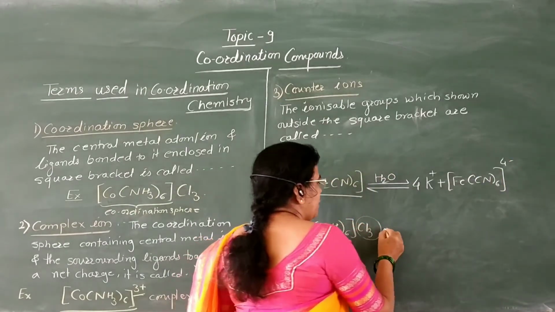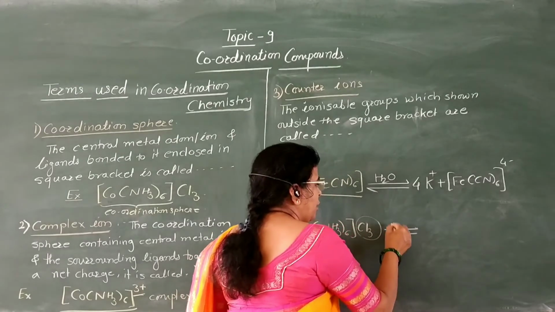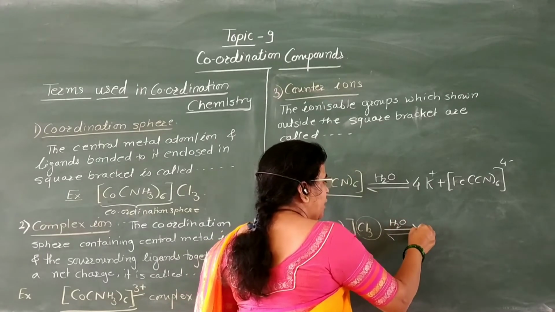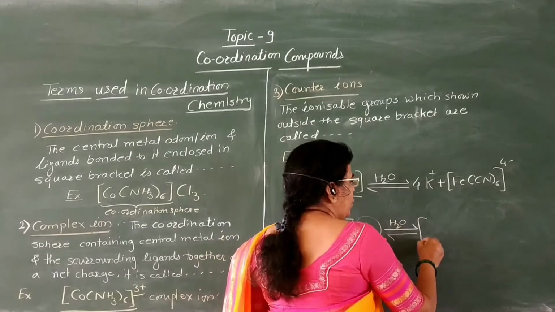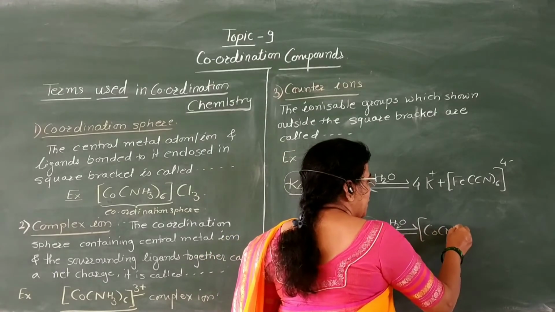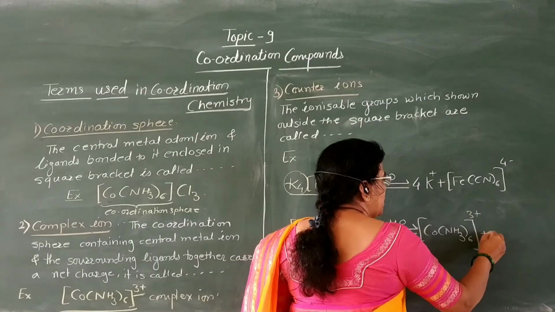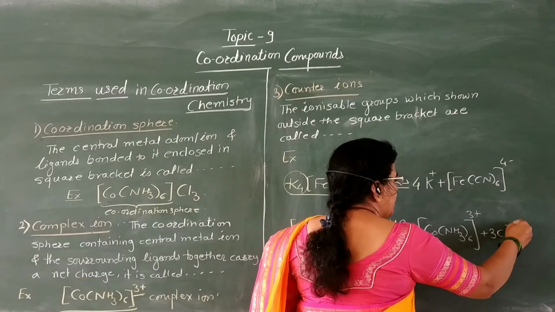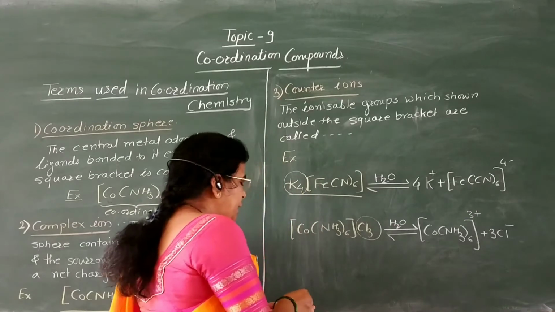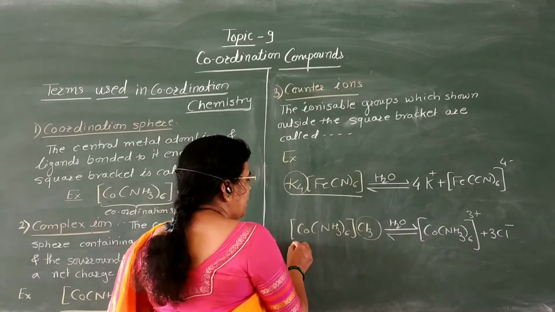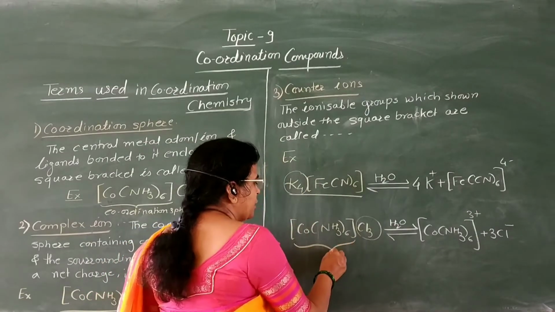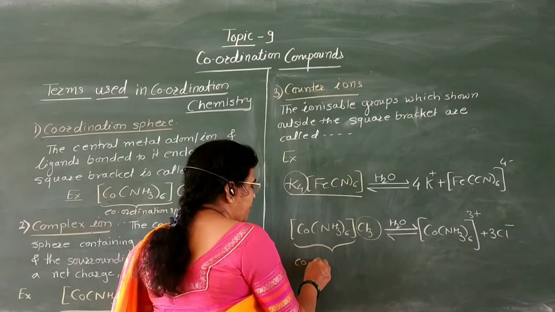And this, when it undergoes dissociation in water, forms Co(NH3)6 3 plus and 3 Cl minus ions. That is, here this Co(NH3)6 is a coordination sphere.